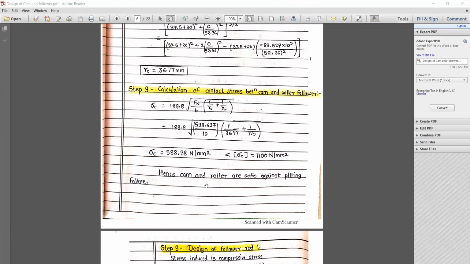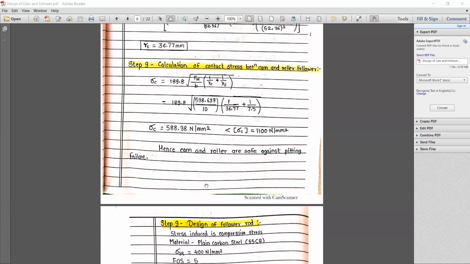Next, the calculation of contact stress between cam and follower. Whatever material we have selected, the allowable contact stress for that is 1100 Newton per mm square. Equation for calculating the contact stress, sigma c is equal to 189.8 into square root of Fn by B into 1 upon Rc plus 1 upon Rf.